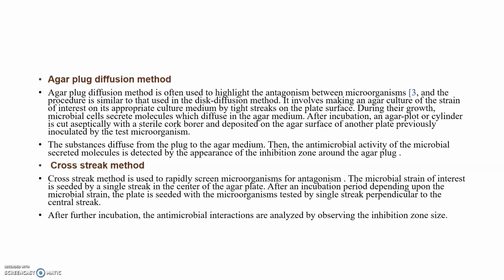So already incubated organism ഒരു മോളിക്യൂൾ അതിൽ ഡിഫ്യൂസ് ചെയ്യുന്നുണ്ടോ, അതാണ് നമ്മൾ കട്ട് ചെയ്തെടുത്ത് വേറൊരു അഗാർ പ്ലേറ്റിൽ വെക്കുന്നത്. അപ്പോൾ എന്താ സംഭവിക്കുക വെച്ചാൽ the substance we have cut diffuses from the plug to the agar medium, and then the antimicrobial activity of the microbial secreted molecules can be detected by the appearance of an inhibition zone around the agar plate. അപ്പോൾ ആ സെക്രീഷൻസിന് ആന്റിമൈക്രോബിയൽ ആക്ടിവിറ്റി ഉള്ളതാണെങ്കിൽ this can be detected by the appearance of an inhibition zone around the agar plug.